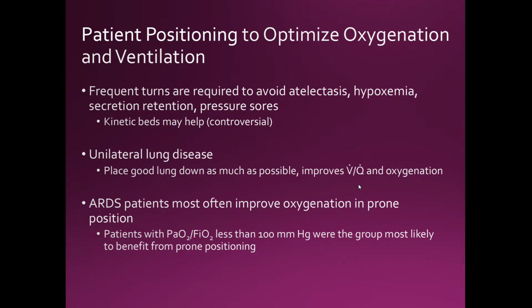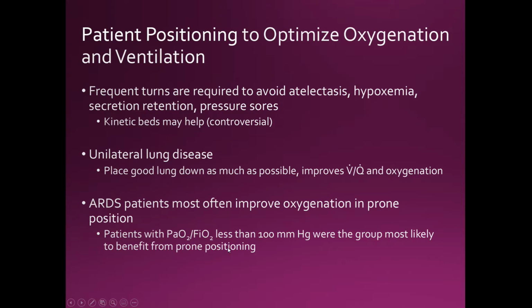Last but not least, your ARDS patients. When you put them prone, the oxygenation goes up, which is strange. And in studies, they say they don't know why, but it does, so they go with it. So what you can do with them, you can use a kinetic bed to flip them upside down, or should I say flip them on their stomach so they're prone.